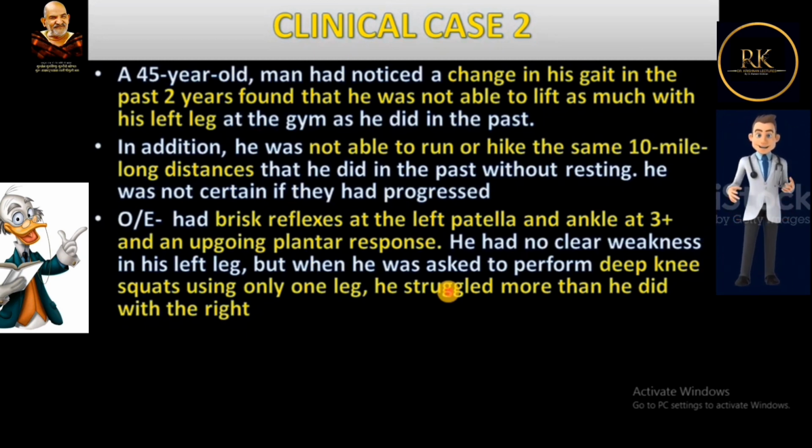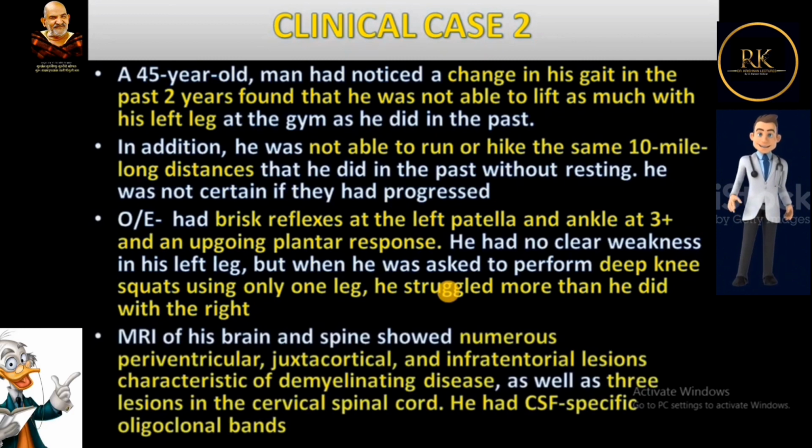MRI of his brain and spine shows numerous periventricular, juxtacortical, infratentorial lesions characteristic of demyelinating disease, as well as 3 lesions in the cervical spinal cord. He had CSF-specific oligoclonal bands. So, what is your diagnosis at this point of time?